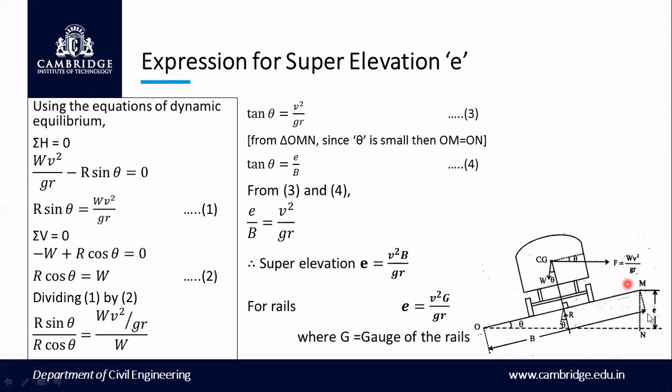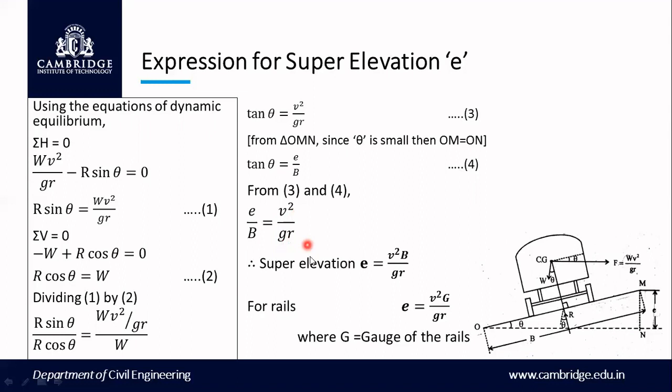So in this triangle, tan theta is equal to opposite by adjacent, that is MN by ON. MN we have written here, this is nothing but the super elevation E divided by B. Since theta is very small, ON also will be equal to B. So tan theta is equal to E by B. So using these two equations, we can write E by B is equal to V square by GR.